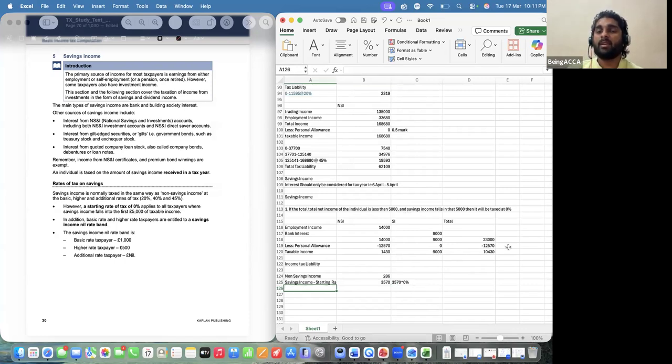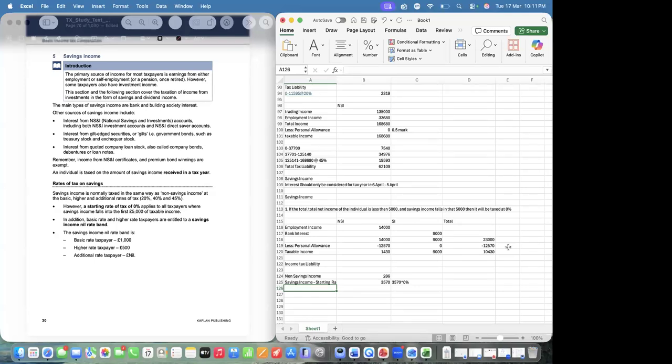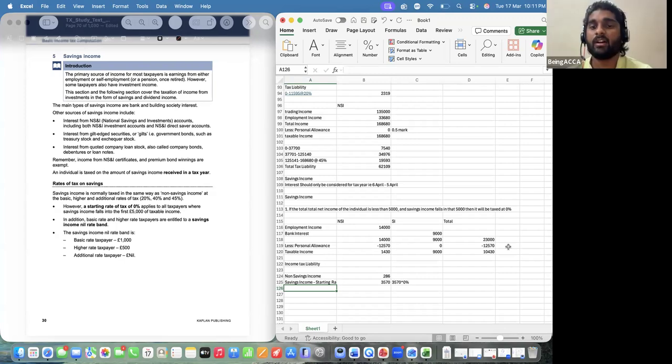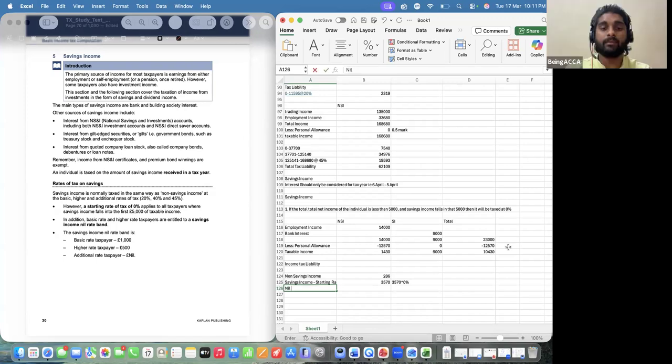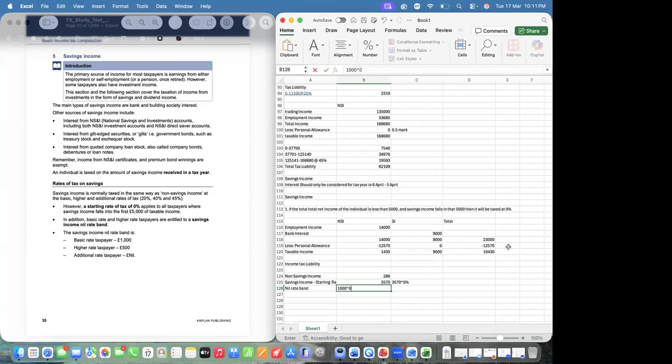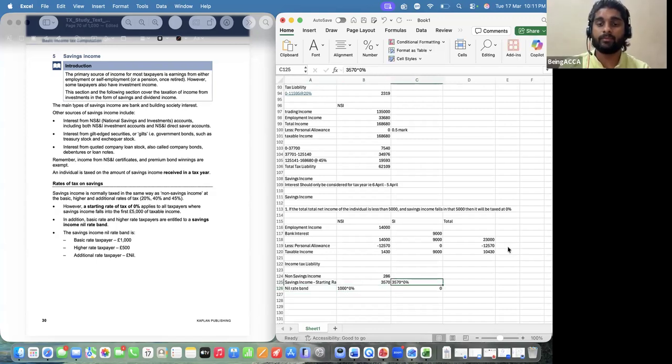Is he a basic rate taxpayer or a higher rate taxpayer? Basic rate. So how much is the nil rate band available? 1,000. Nil rate band of 1,000 into 0%, correct? Again, this would be 0.